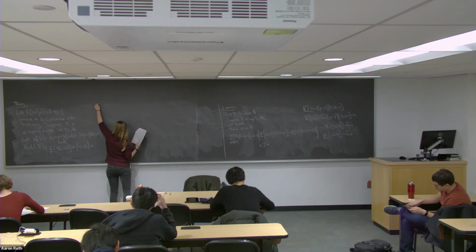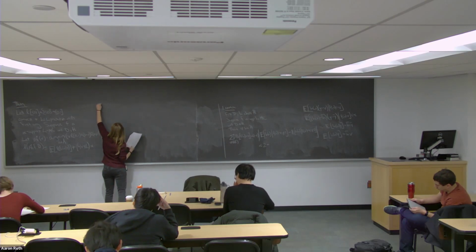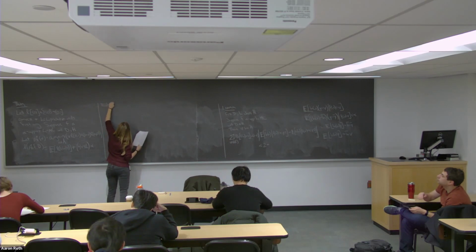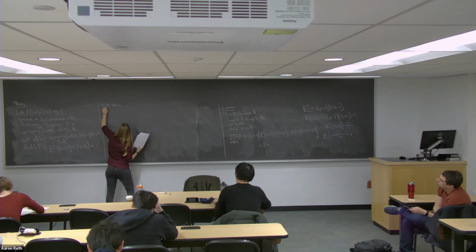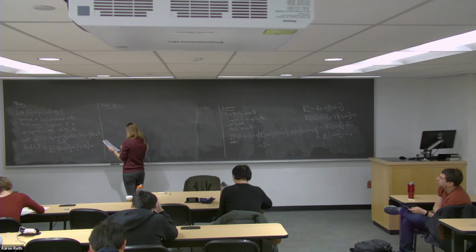Cool. So now that we know what we're trying to prove, let's talk about the proof idea. So the first step is sort of the only thing we haven't really done yet.